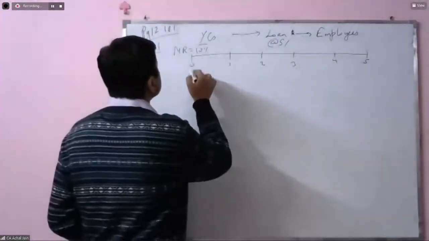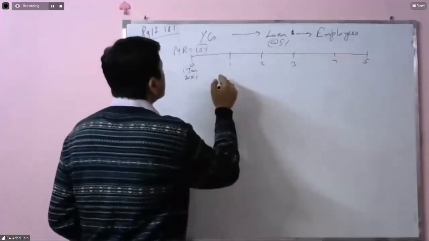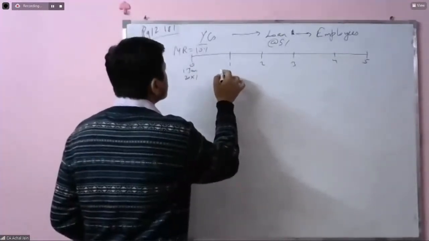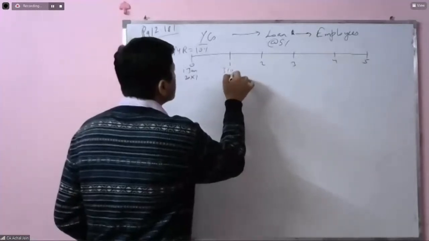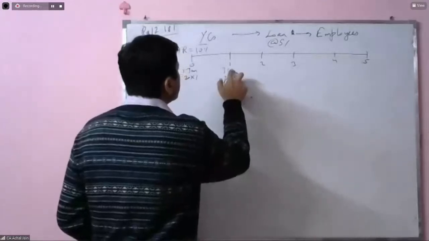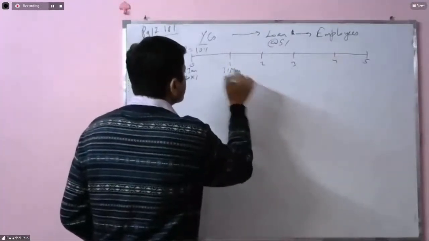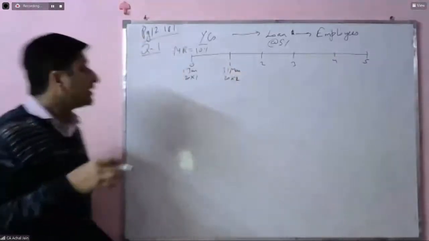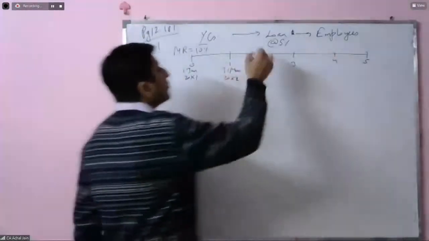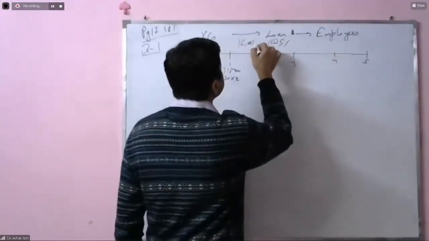So this is 1st of January 2000 X1. This will be 31st March 2000 X2. So this is how this will continue, and the loan amount given is 16 lakhs.